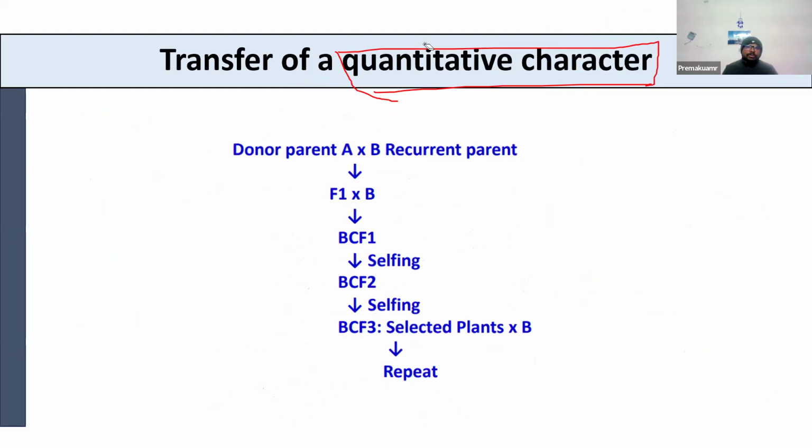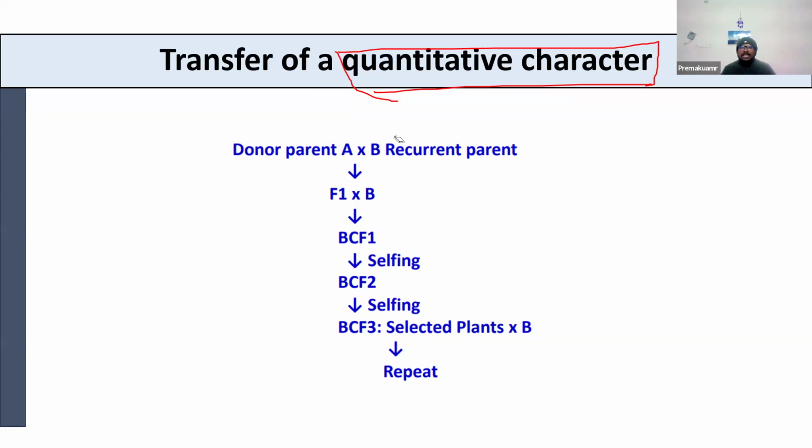If the trait is quantitative inheritance, the trait is governed by many genes, so getting a better segregant may take some more time.